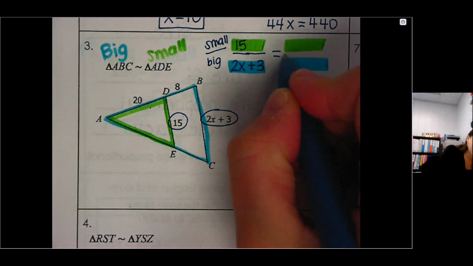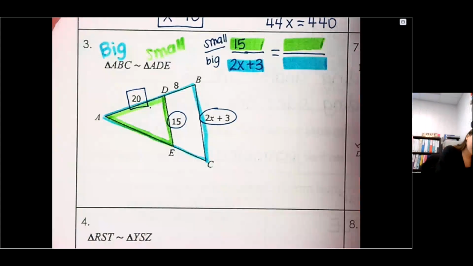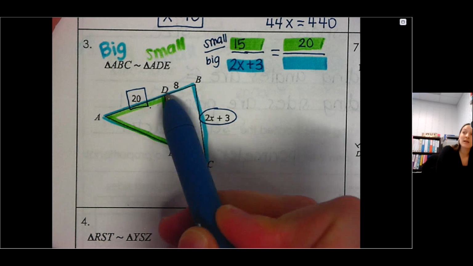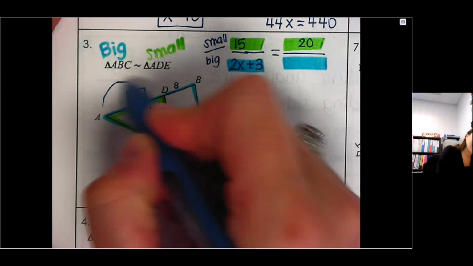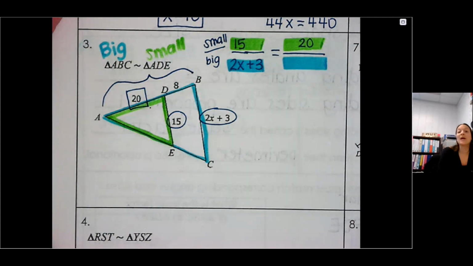What number do I have to pick next to go on top? I have to pick 20, because that's my small one. Over, what's the big one? It's not 8. 8 is just saying this small piece. It's 28, because I want to know the whole side length. The whole blue triangle there is 28.